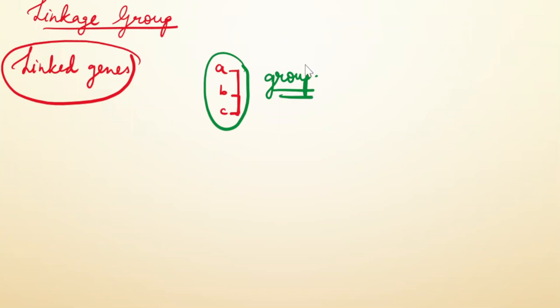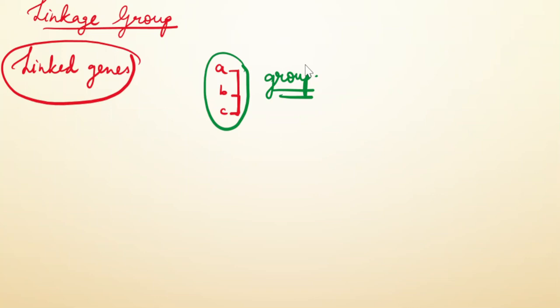If suppose there are A, B, C, these three genes very close to each other, these three genes will inherit as a group. Such a group which inherits together in a cell during cell division will act as a whole.